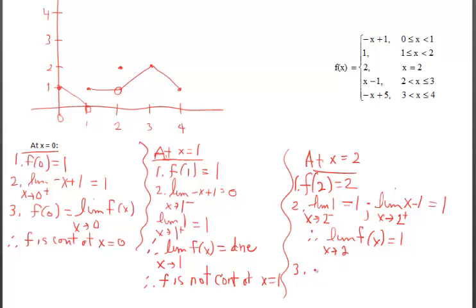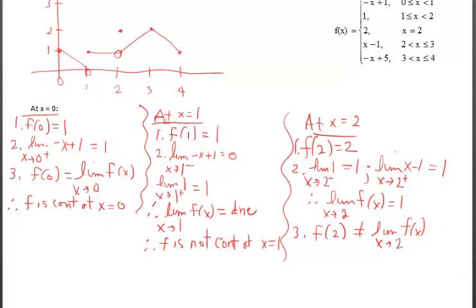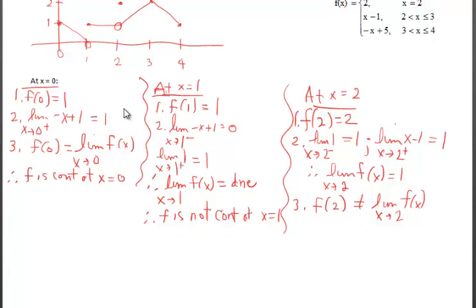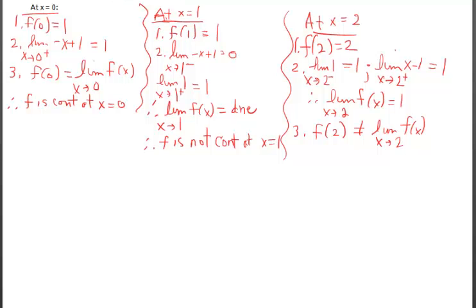Okay, the problem here is this. That value 2 does not equal that value 1. F of 2 does not equal the limit of the function as x approaches 2. And that just shares or verifies that we have that removable discontinuity in there.